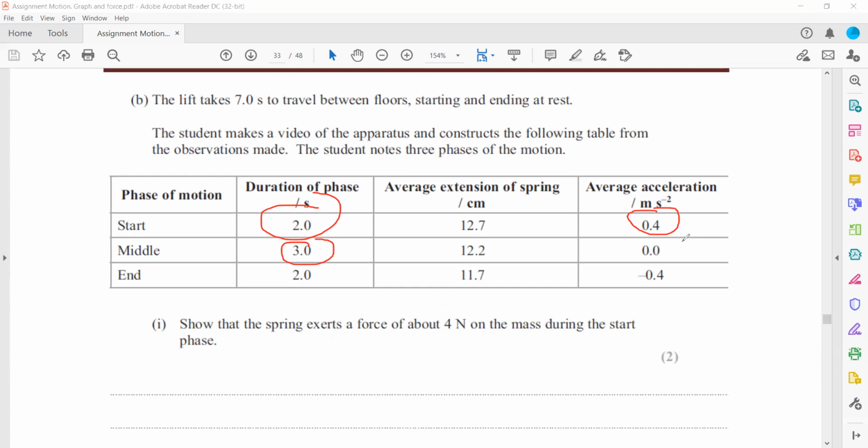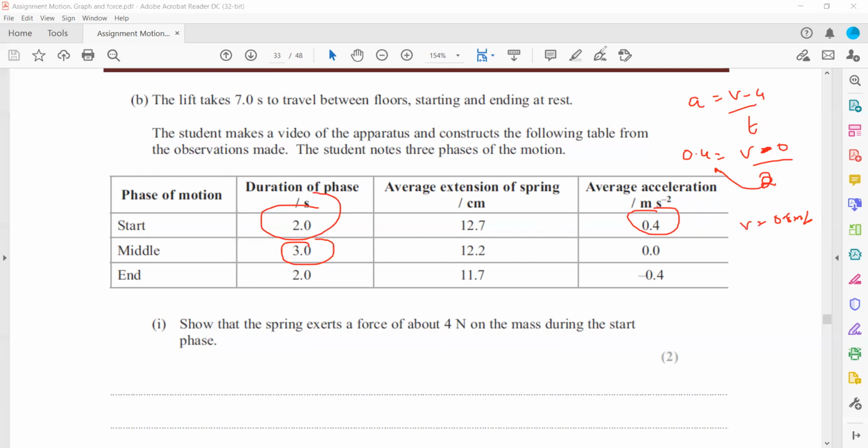What could be the maximum speed for this part if the acceleration is 0.4? We have the formula: a equals v minus u over t. a is the acceleration, which is 0.4, v is the final velocity, u is the initial velocity, and the time interval is 2. So 2 will be multiplied, and the maximum speed here will be 0.8 meters per second.